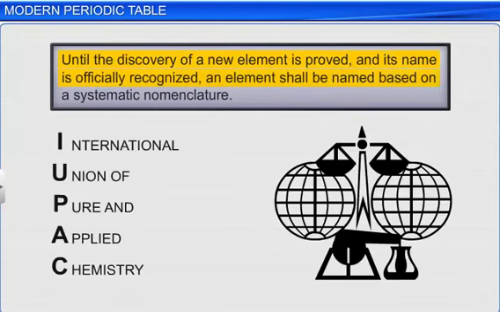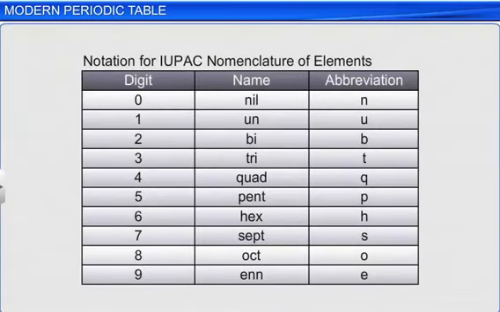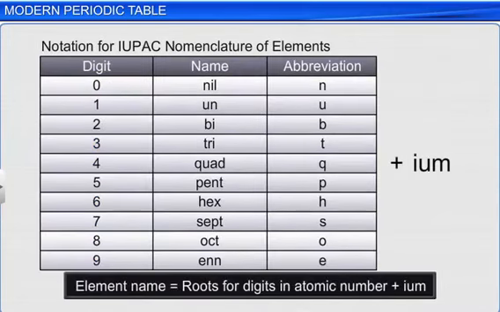This nomenclature is formulated directly from the atomic number of the elements using the numerical roots for 0 and numbers 1 to 9. The roots are put together in order of digits, which make up the atomic number, with ium appended to it at the end of the name derived.